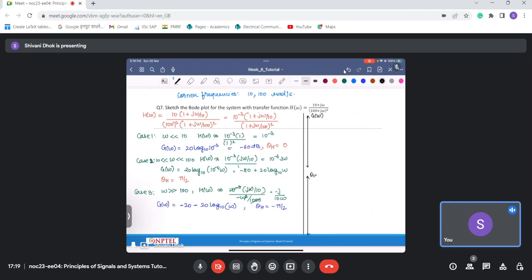This is θ_H(ω). So we are having two corner frequencies, that is 10 and 100. So let's say this is 10, and this is 100.